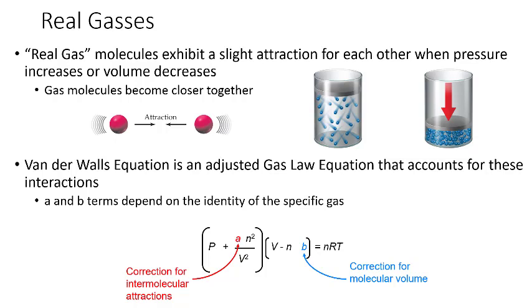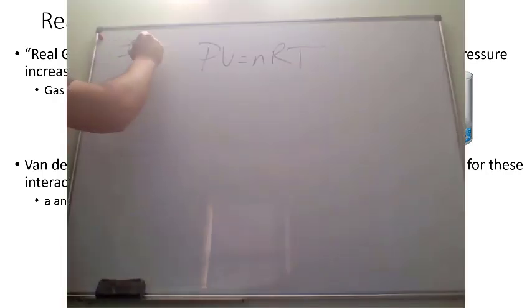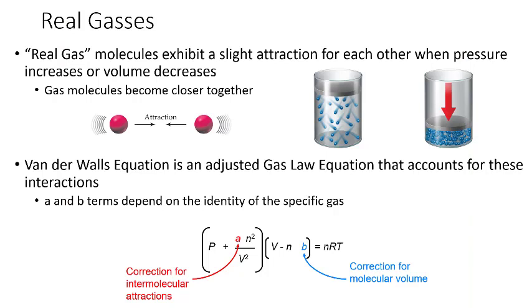Okay, so if we take a look at our equation here, PV equals nRT, this is called the ideal gas law equation. And the key word here is ideal. So ideal means in a dream scenario, this is what gases would behave like. We know in the real world, we are not in ideal conditions. We are in real conditions.